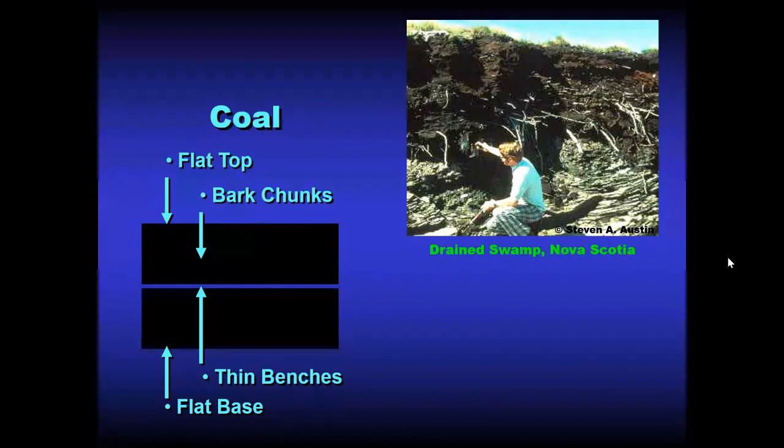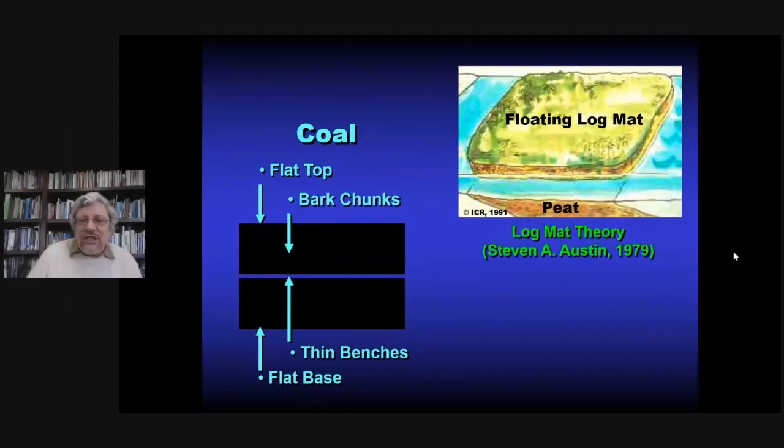Makes sense. So you wouldn't expect the coal to be made of recognizable pieces of bark. You would expect that stuff to have been decayed away and broken up by the roots. And you would expect roots in there, not bark. So what we knew about coal swamps just didn't match what is seen in coal seams.